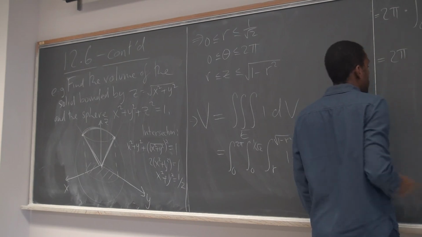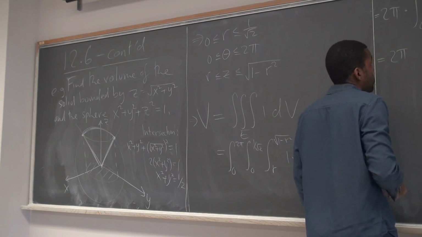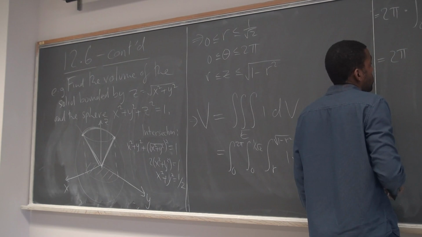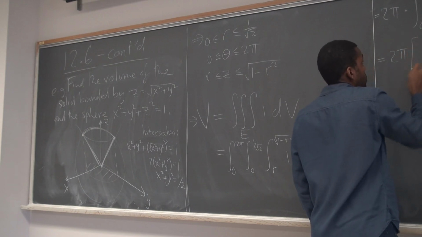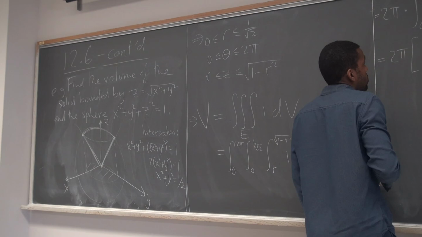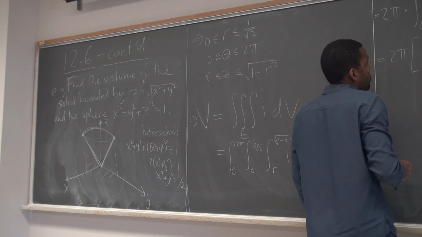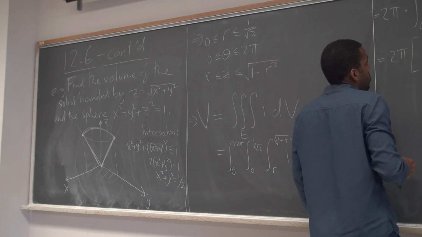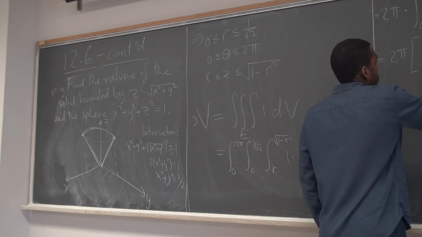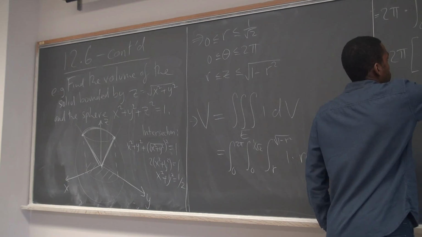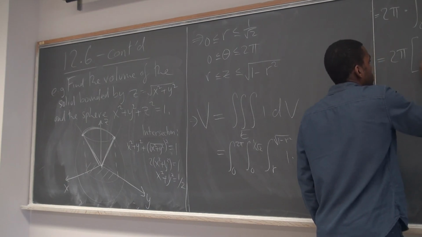What's the integral of this? What do you mean, 1 minus r squared? You mean 1 minus r squared to the 3 over 2? Yeah, times 2/3.